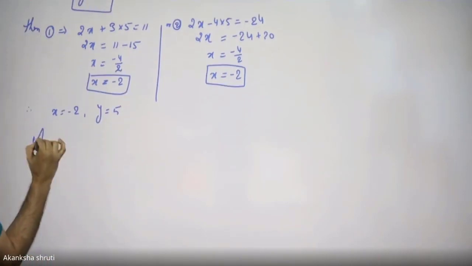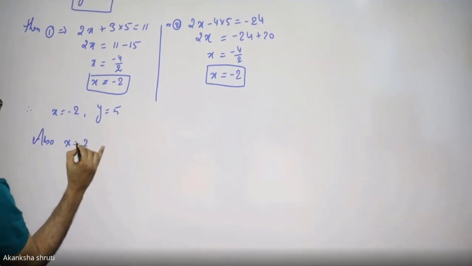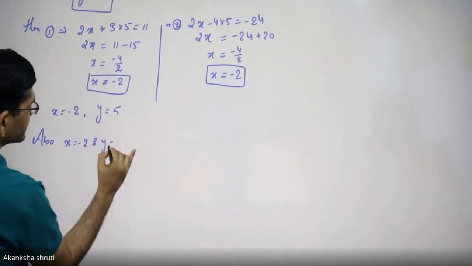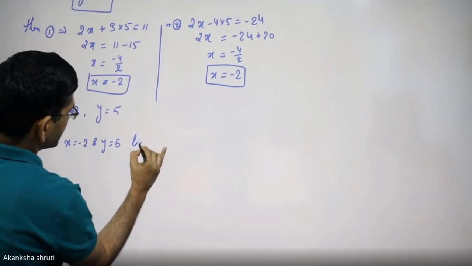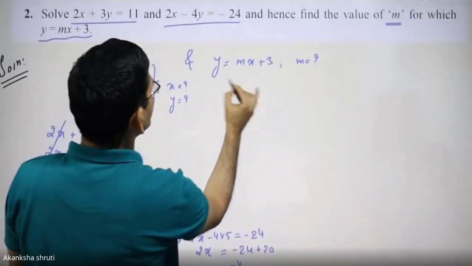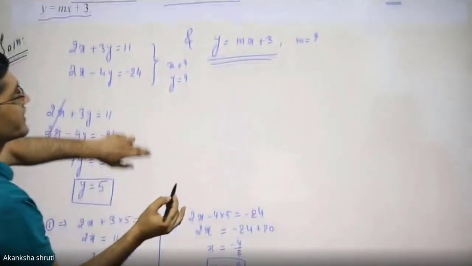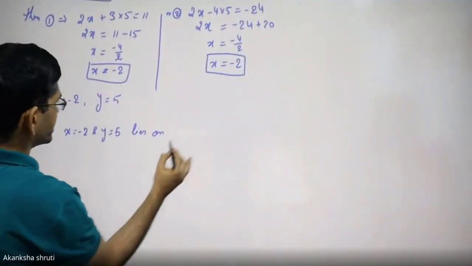Also, this x is minus 2 and y is 5 lies on the third equation which is given, because they have the same x and y. y equals mx plus 3.